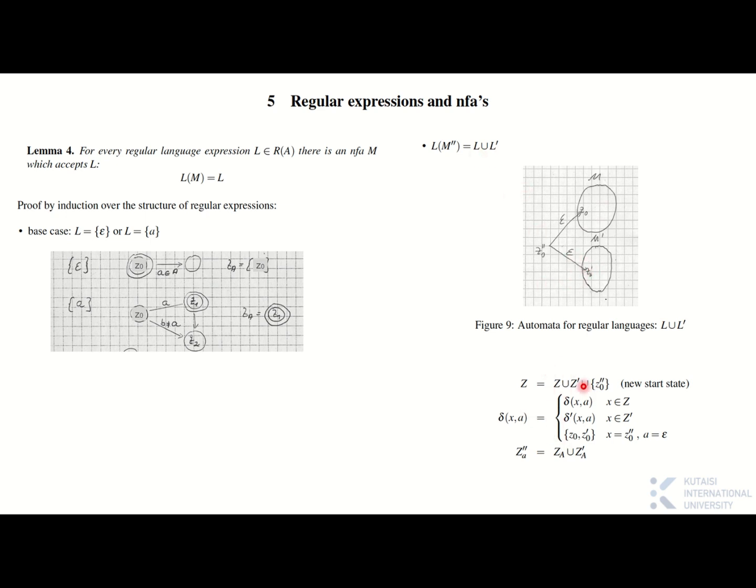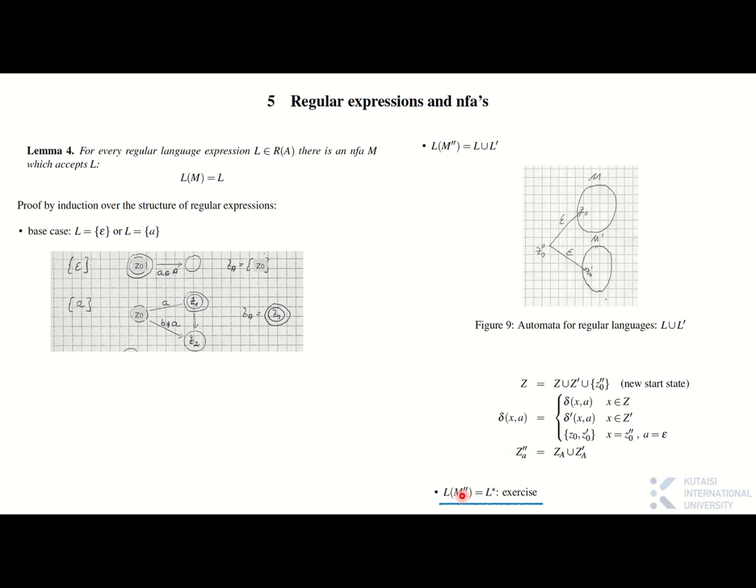This is mathematically written out here. So I have union, concatenation, single letters and epsilon. The only thing left is the star, and this is an exercise. Let's say you have a machine that accepts language L, you have to build the machine that accepts L star.